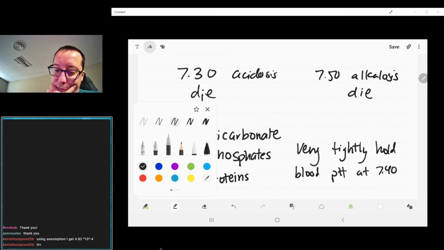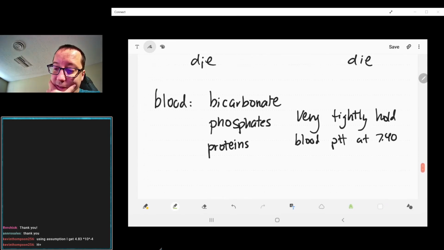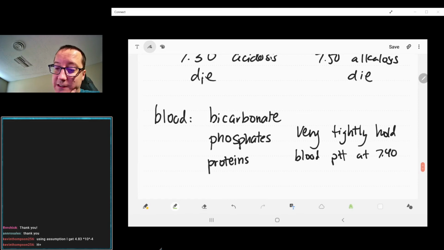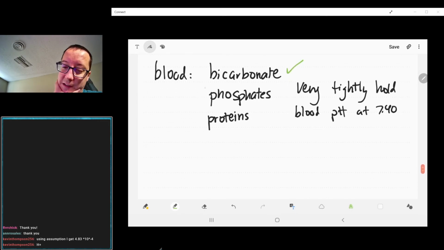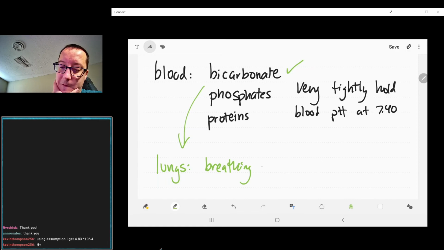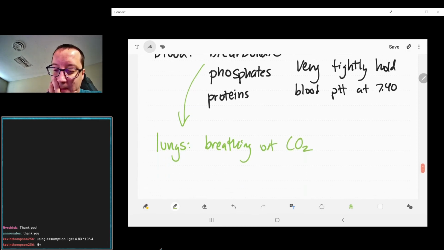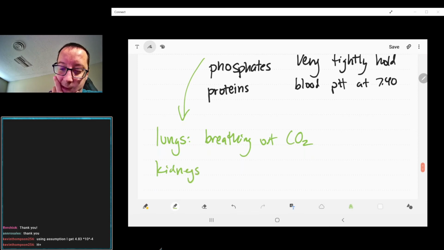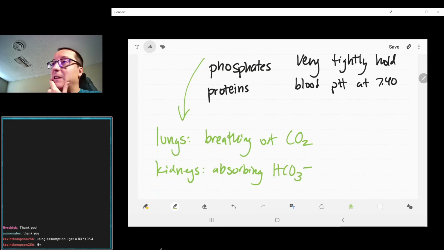So interestingly enough, your lungs and kidneys really take care of this, mostly through that bicarbonate. The bicarbonate is really the major one in your blood. And we're going to see that your blood is controlled by the lungs by breathing out carbon dioxide, and then by your kidneys by either absorbing bicarbonate back in from your urine, or pre-urine, I suppose.